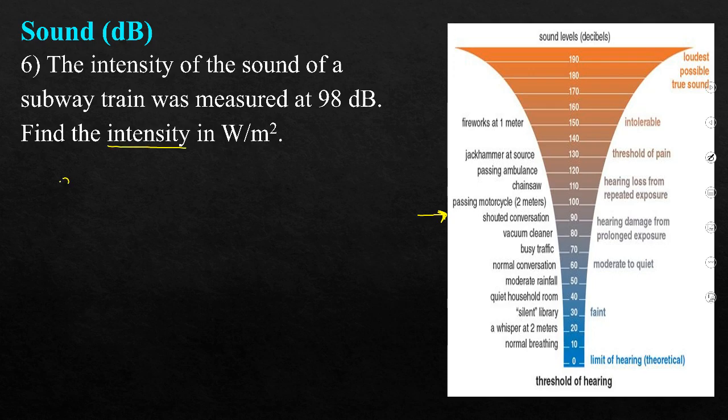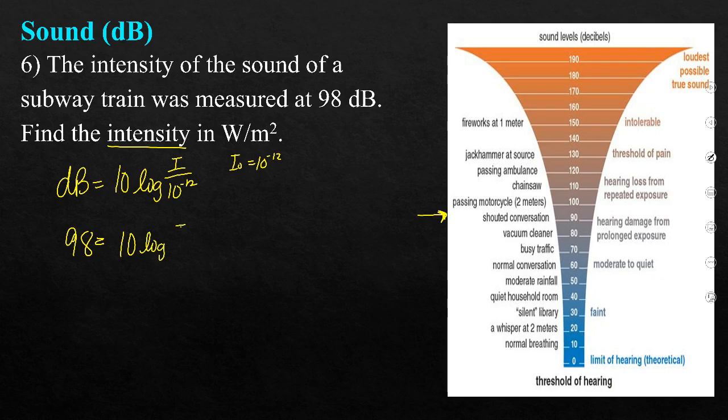So again, we have our formula: decibels equals 10 multiplied by log of the intensity over I0, which equals 10 to the negative 12th power. So I'm just going to go ahead and tuck that in there. And we're looking for the intensity. So we're going to substitute our decibels with the level they give us of 98 so we can figure out how intense it is. Let's go ahead and isolate the log by dividing both sides by 10.